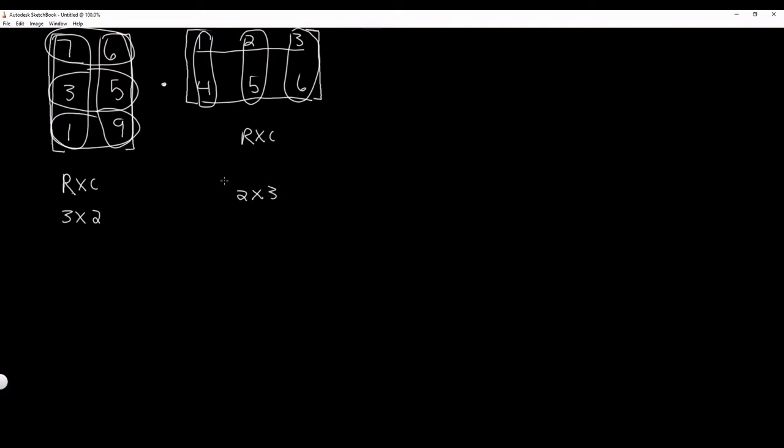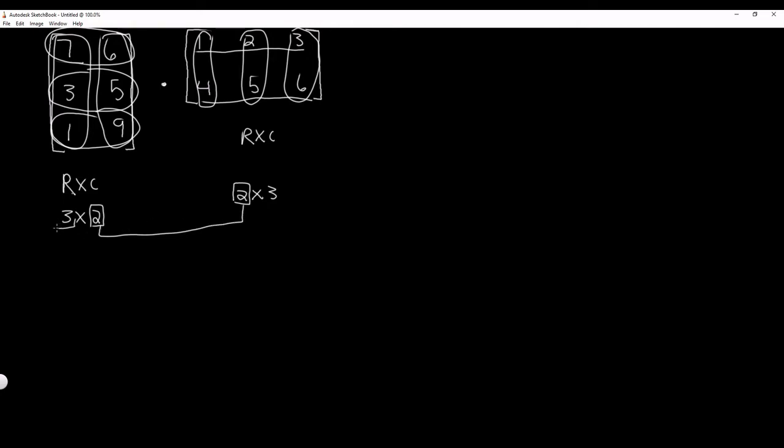In order to be able to multiply matrices, the number of columns in your first matrix has to be equal to the number of rows in your second matrix. If that sounds confusing, if you write out the size of each matrix, the two inside numbers have to be the same. If these two numbers are the same, you can multiply them. If they're not, you can't multiply them.